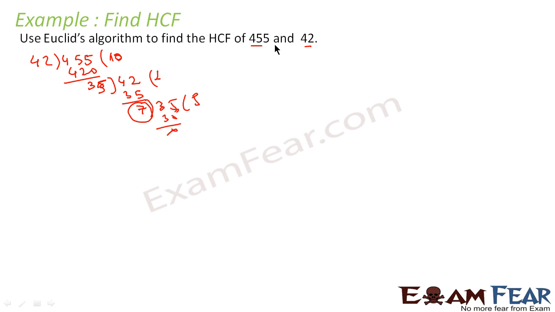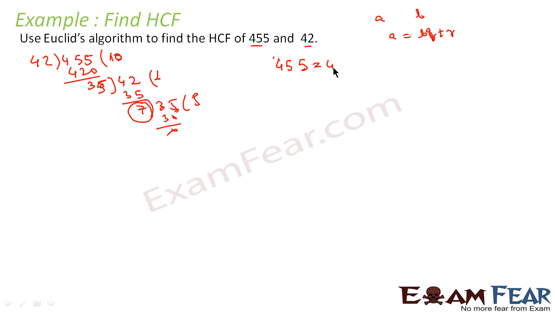If you want to find it in a more conventional way using the formula, we can write A equals B into Q plus R, where Q is the quotient and R the remainder. So we have 455 and 42.